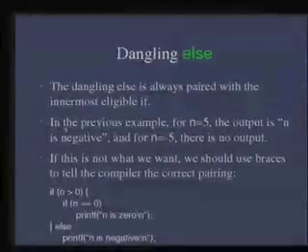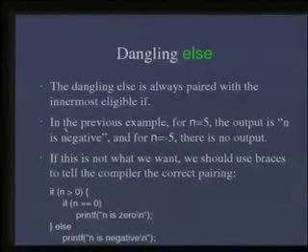So if this is not what we want, as in this example, what we can do is use braces to tell the compiler what the correct pairing is.